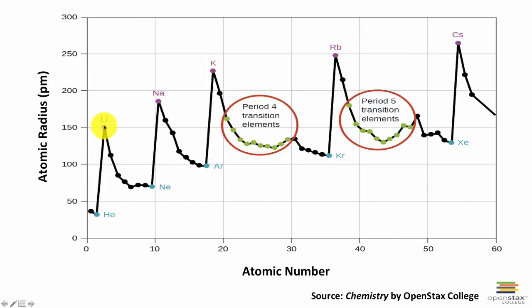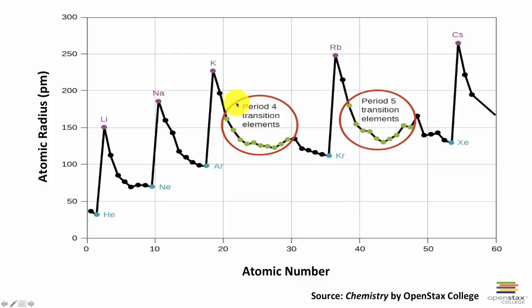Then the next element gets much, much bigger, and then gradually gets smaller, then much, much bigger, gradually smaller, etc. And also note, every time we go to a much larger element, we've started a new row of the periodic table, or started a new shell that electrons are in. So these are first shell, second shell, third shell, starting the fourth shell, and so on.